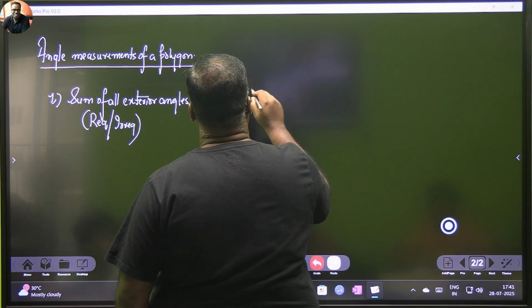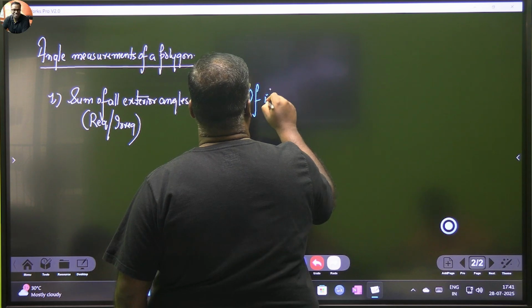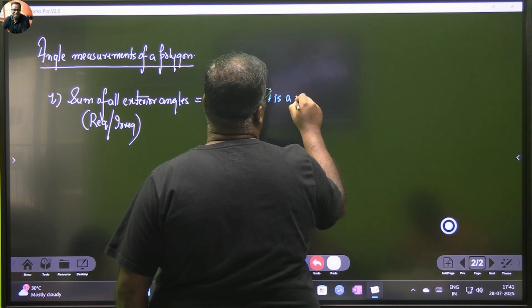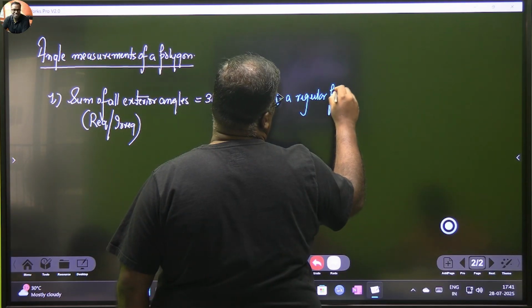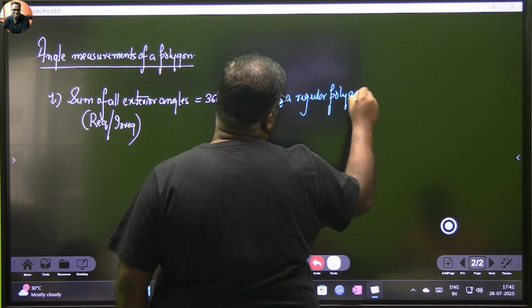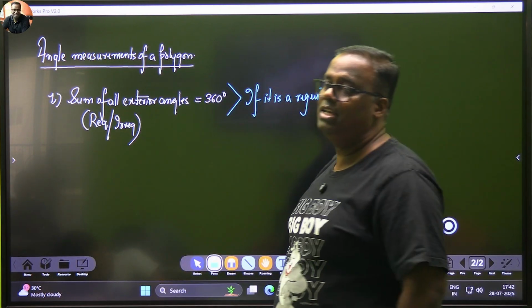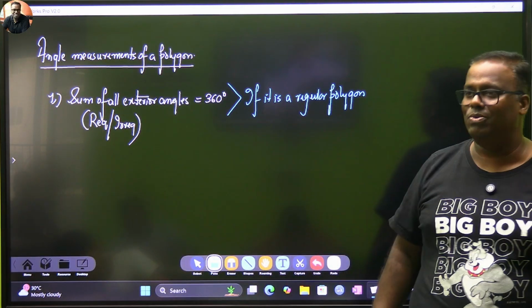Now, if you are regular, some more interesting things happen. If it is a regular polygon, what is the nice thing? Each external angle is equal, right?